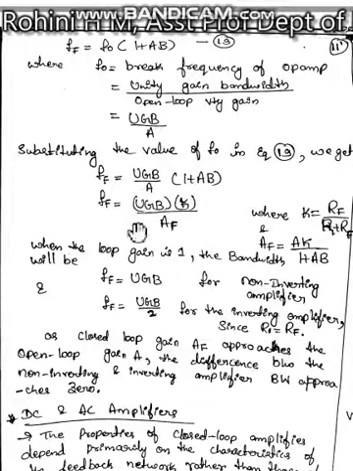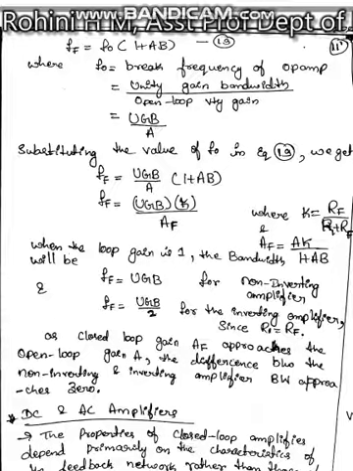So we obtain in this expression that the frequency with feedback is unity gain bandwidth into K divided by gain with feedback, where FF is UGB for the non-inverting amplifier, and FF is equal to UGB by 2 for the inverting amplifier, since R1 is equal to RF.